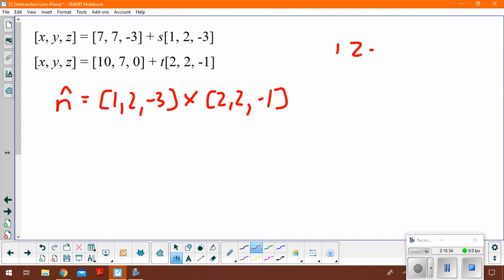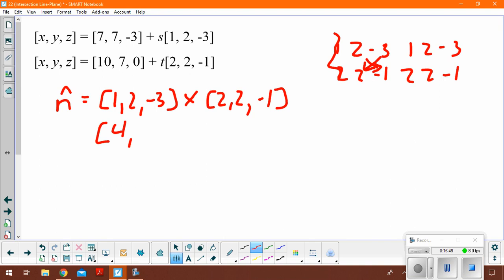So 1, 2, negative 3, 1, 2. Negative 2 plus 6, 4.